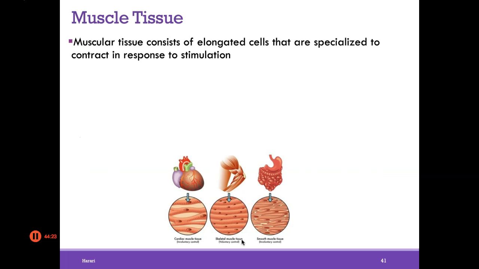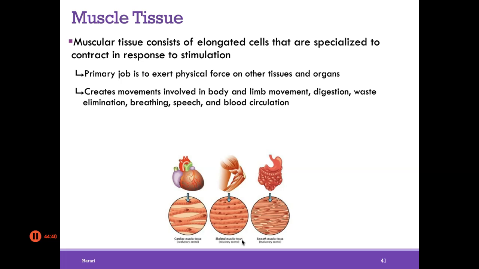The 4th category of tissue is muscle tissue. So we said epithelial, connective, nervous, and muscle. Muscular tissue consists of elongated cells that are specialized to contract when they're stimulated. So their primary job is to exert physical force on other tissues and organs. Muscles also create movements internally, like digestion, waste elimination, speech, blood circulation.